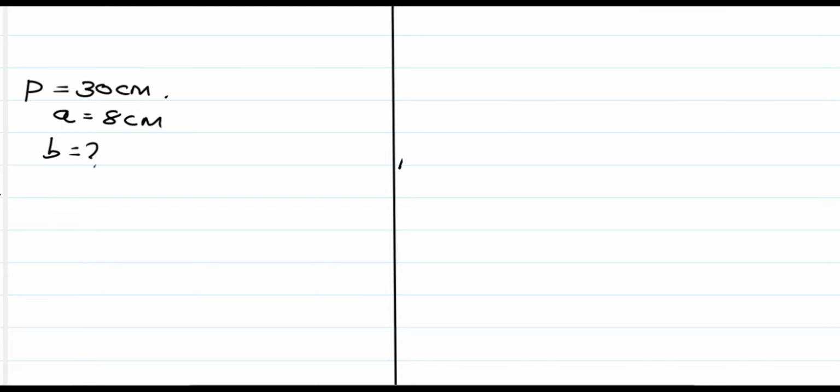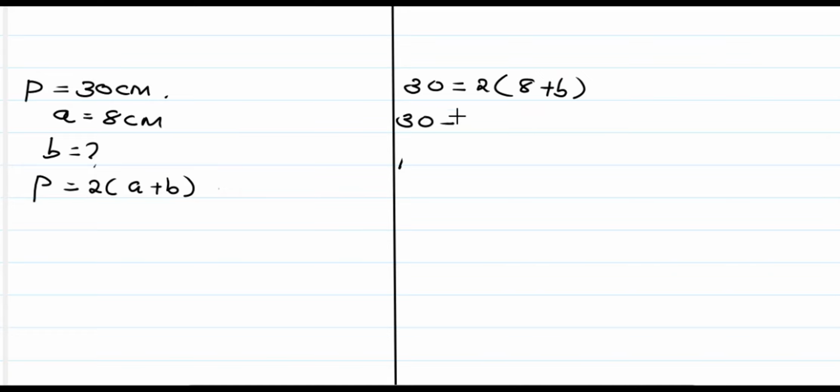So from there, you already know perimeter P of a rectangle is given by twice into A plus B, like that. So we already have the perimeter, which is 30 centimeters is equals to twice into A is 8 plus B, but we don't have a B, so we just put the variable B there. So now it becomes 30 is equals to, open these brackets, we need to multiply everything inside the brackets with these 2.